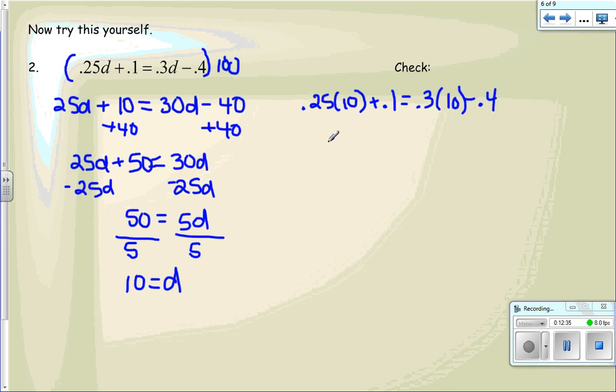So if I do 0.25 times 10, I get 2.5, plus 0.1 equals 0.3 times 10 is 3, minus 0.4. So 2.5 plus 0.1 is 2.6, which equals, and then 3 minus 0.4 is 2.6. So we check.